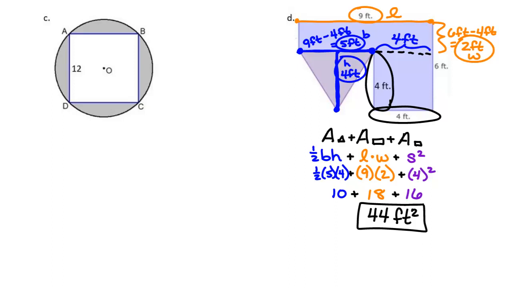What'd you say? Oh, making this whole thing into a rectangle and then subtracting those pieces out. You could absolutely do that. We have this. You would have to figure out this length right here, and then this side over here.